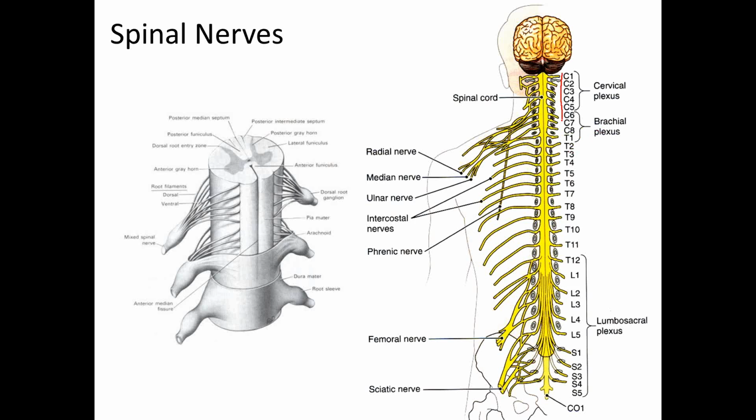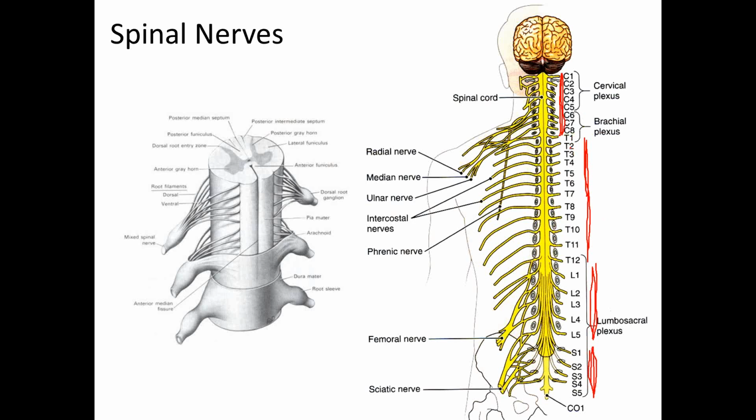C is the cervical region of the spinal column. T is the thoracic region. L is the lumbar region. And S is the sacral region.